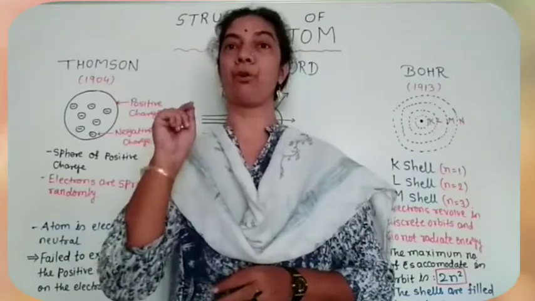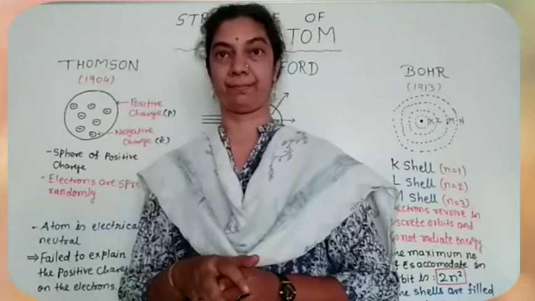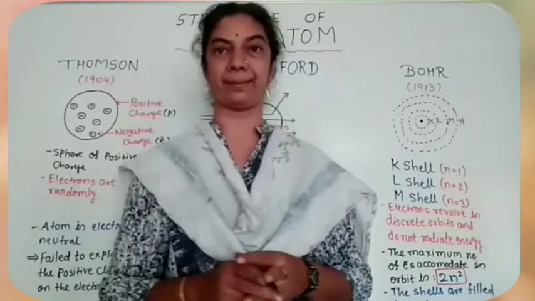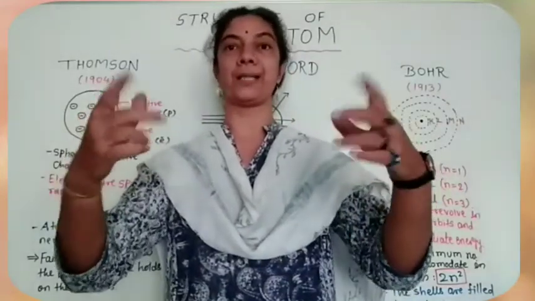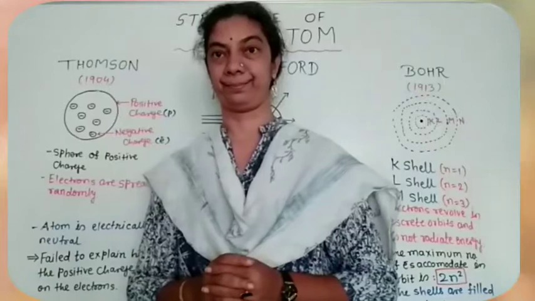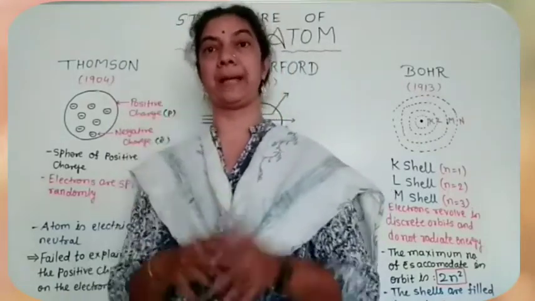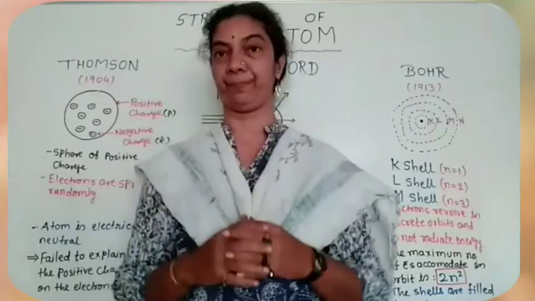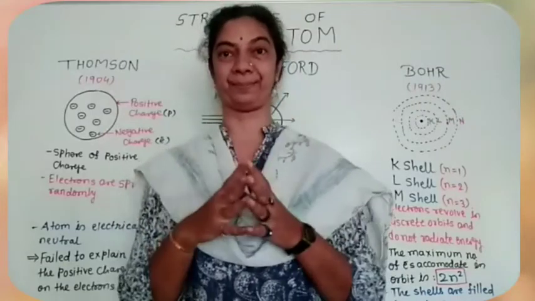So if you are throwing stones on that fencing, very few will strike it and come back, but most of these stones will pass through. So the first important conclusion is that the atom is not a solid sphere. It's a hollow object.